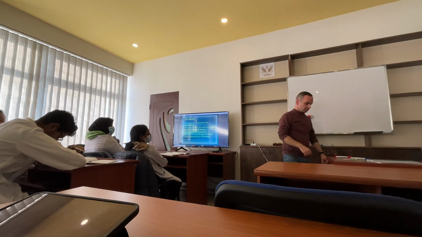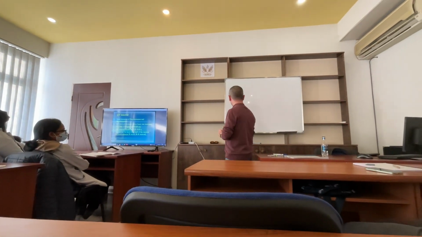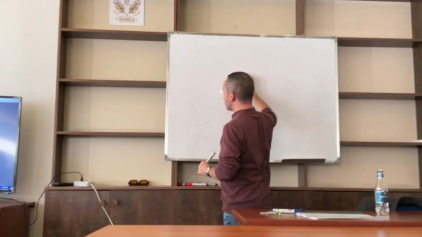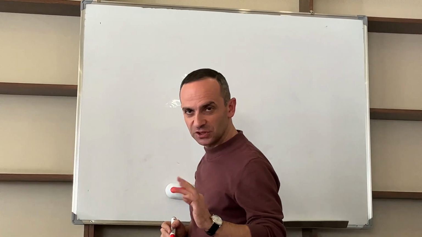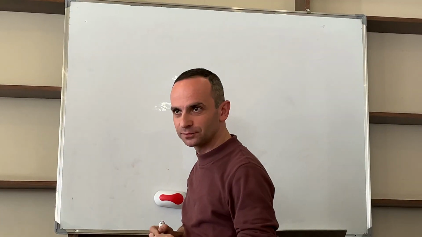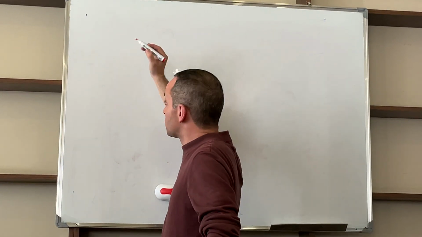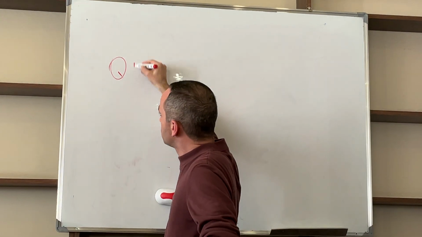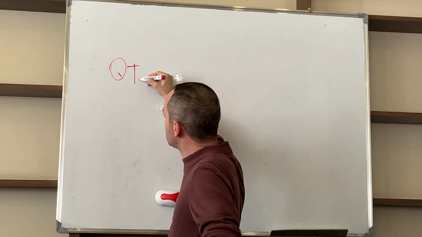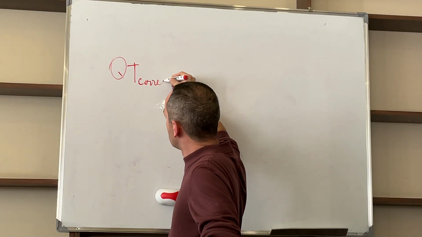But look, QT is not the same for all heart rates. As heart rate increases, QT decreases, and vice versa. It's inversely proportional. Now look, we have QTc, QT corrected.